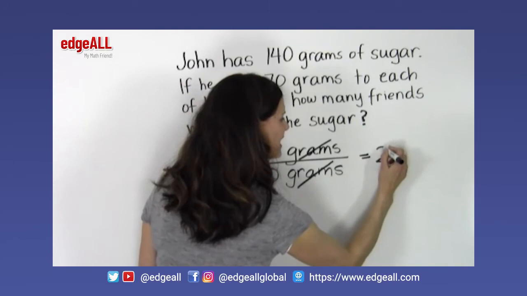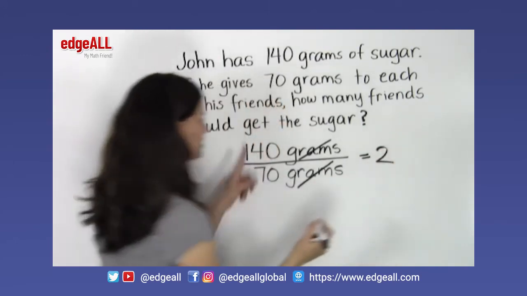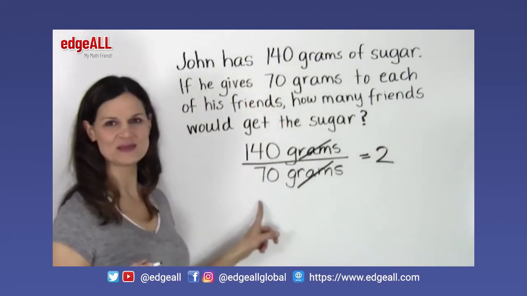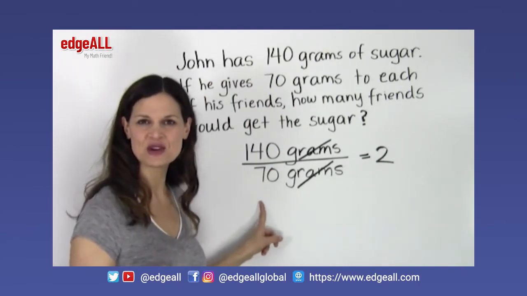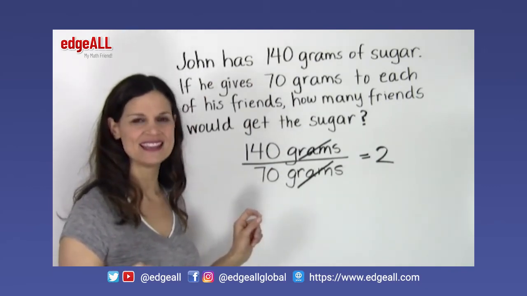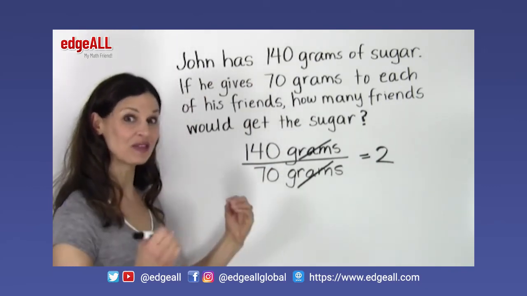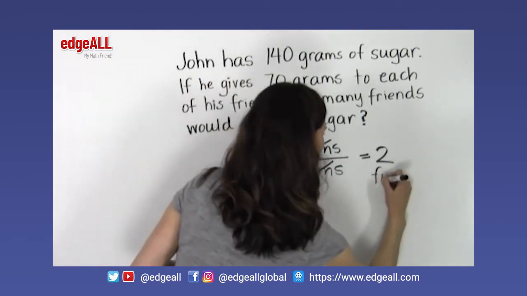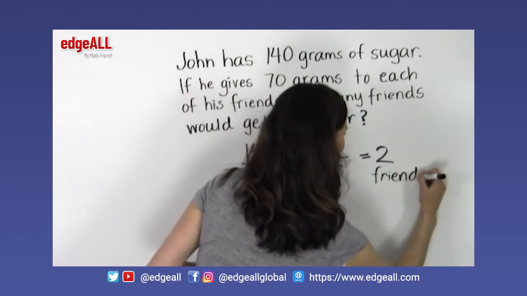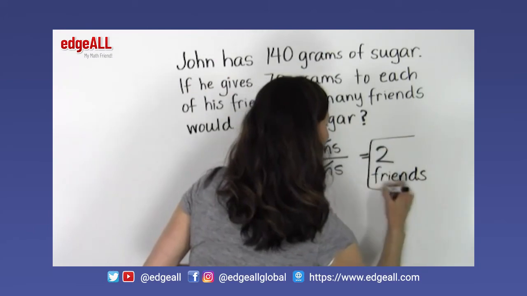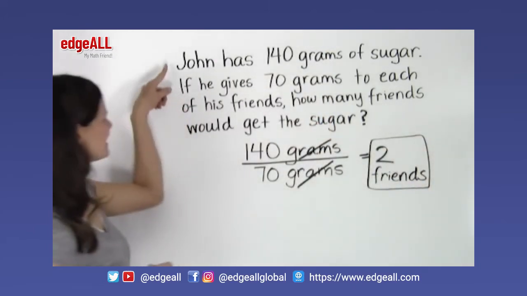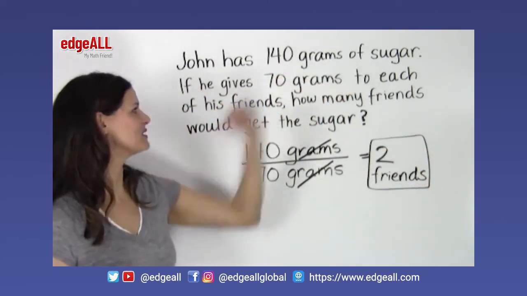So we can see that the answer to our problem is not going to be 2 grams. We're not measuring our friends in grams. The answer is going to be 2 friends. So let's read through the problem with the answer and we can see how it makes sense. John has 140 grams of sugar.